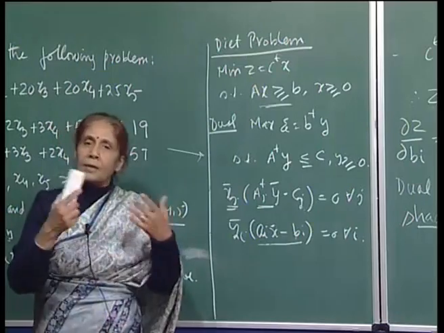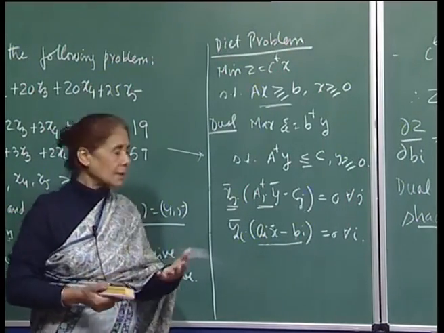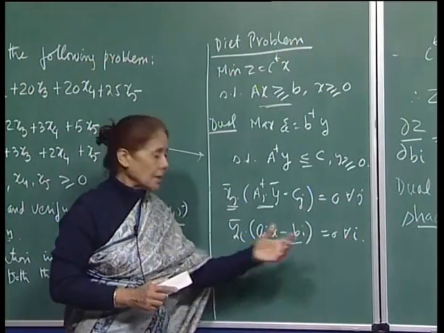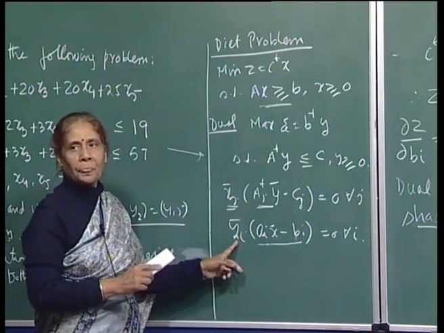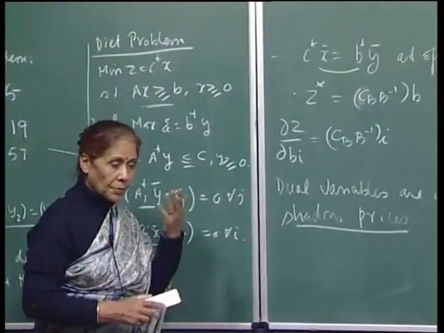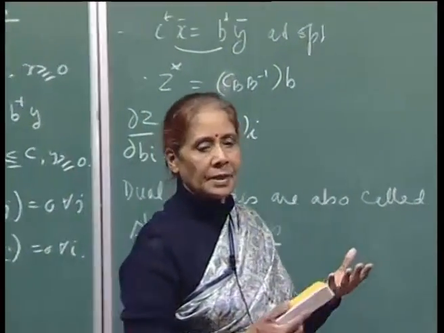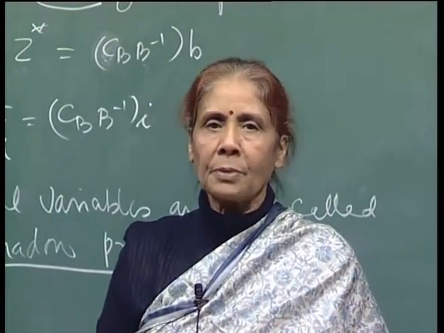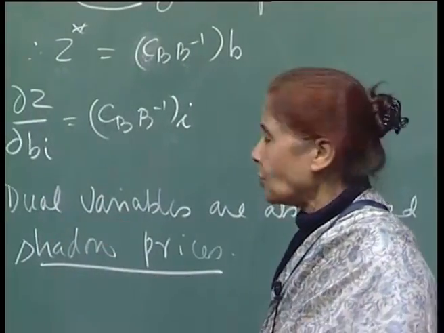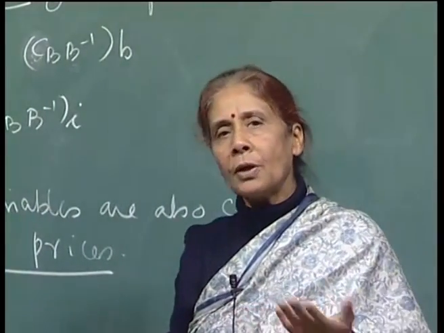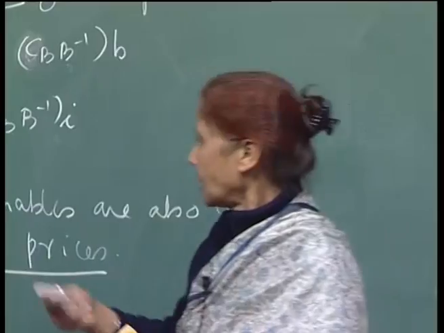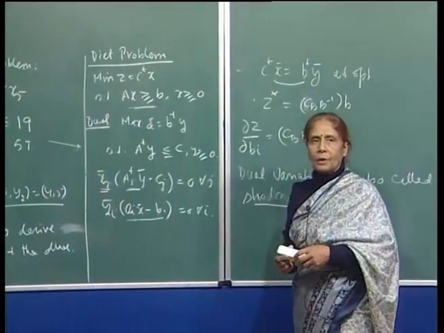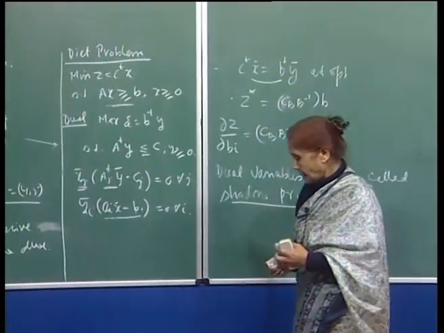That means, if I increase that particular nutrient in my diet, it is not going to help me, because I am already meeting the minimum requirement, and therefore, yi bar is 0. Right. That means, at optimality, if you already have enough of that nutrient, why would you want to increase the content of that particular nutrient, and so yi bar would be 0. That means, you do not want to increase the content of this particular nutrient in your diet, because you are already meeting the requirement.